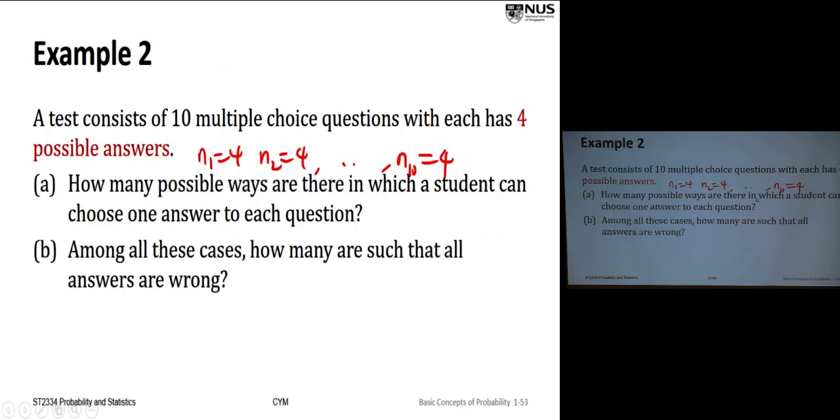how about, among all cases, how many of them are all answers wrong? All answers are wrong and all answers are correct. Are they complement of each other? Are the 2 events, all answers correct and all answers wrong, complement of each other? Is there any in between?